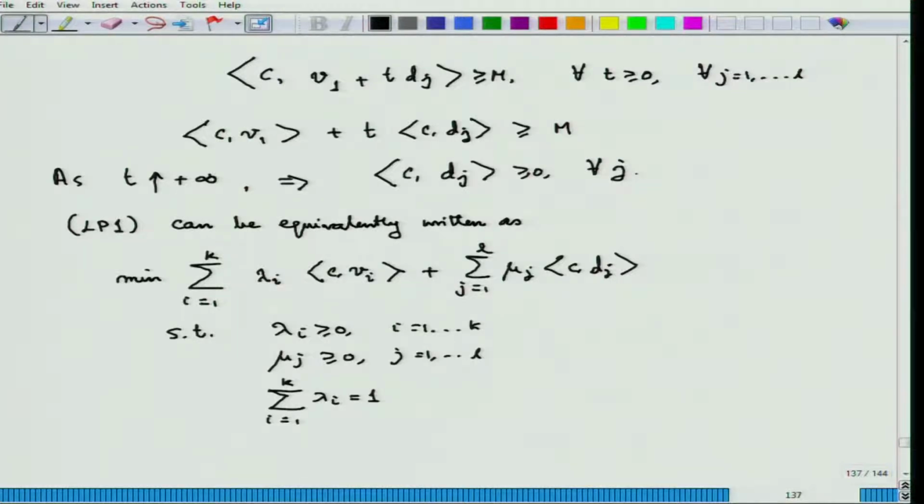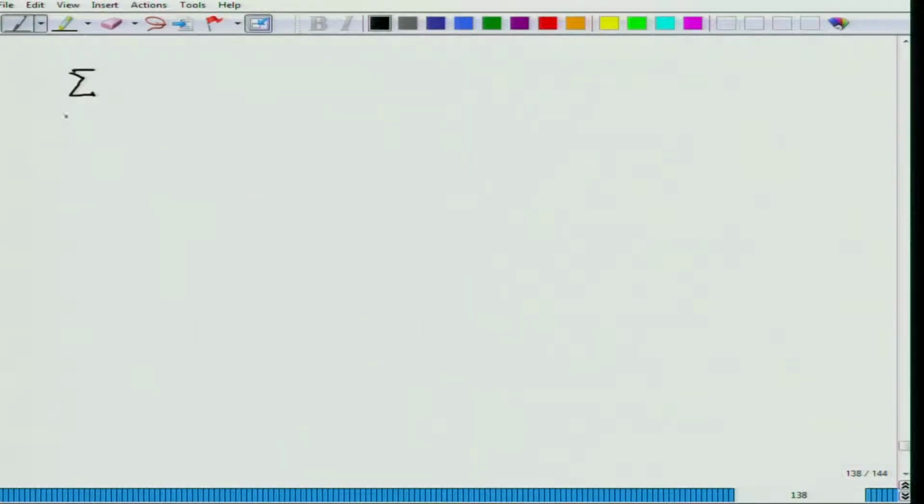So, this quantity is actually bigger than the previous term, which means that summation i equal to 1 to k lambda i C v i plus summation j equal to 1 to L mu j C d j, because now this is a non-negative quantity, and if I add a non-negative quantity to a given number, I actually increase that number.